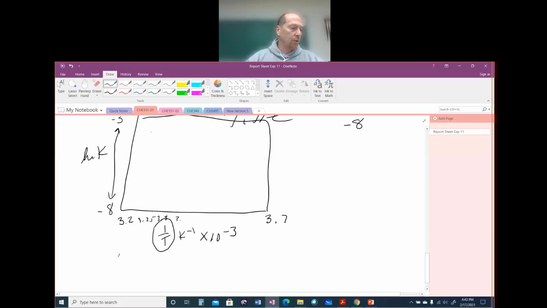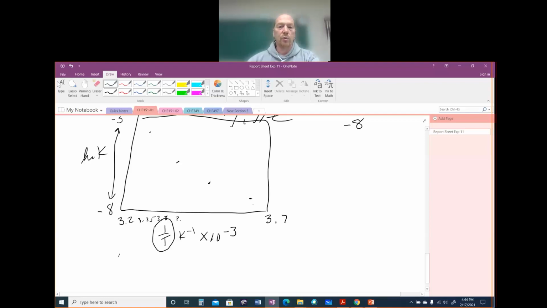I did graph it accurately, but I don't have graph paper here, so I'm going to show you what my graph looks like. There, and another one there, and another one here. So I have my 4 points, and note that I'm using most of my graph paper.